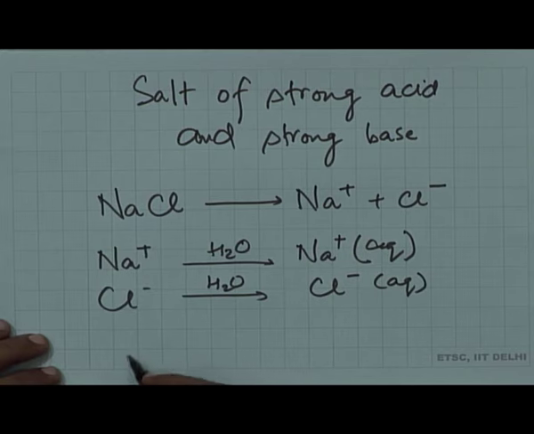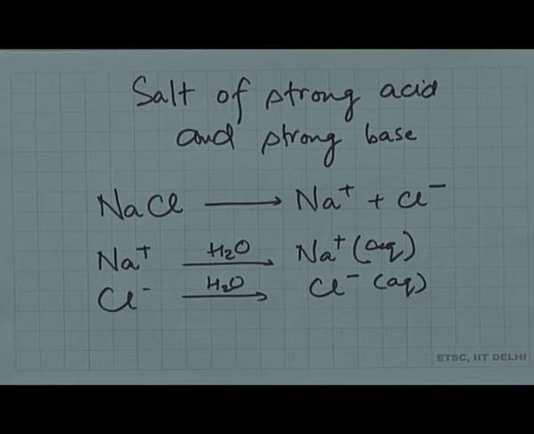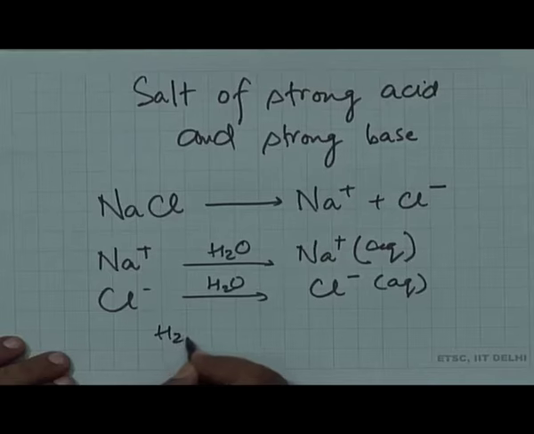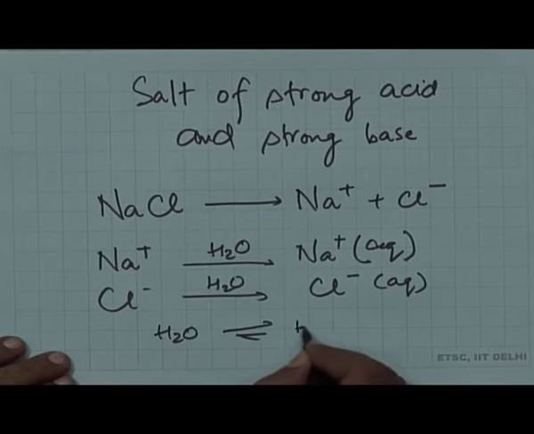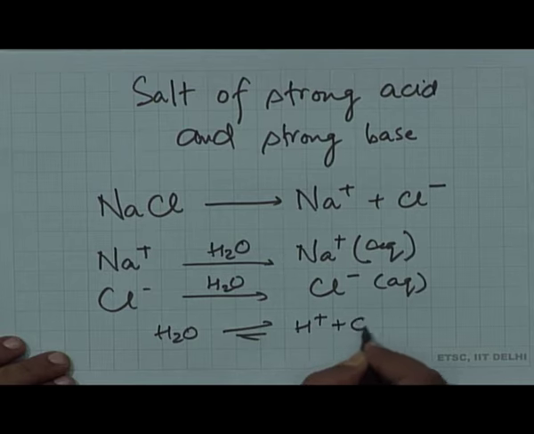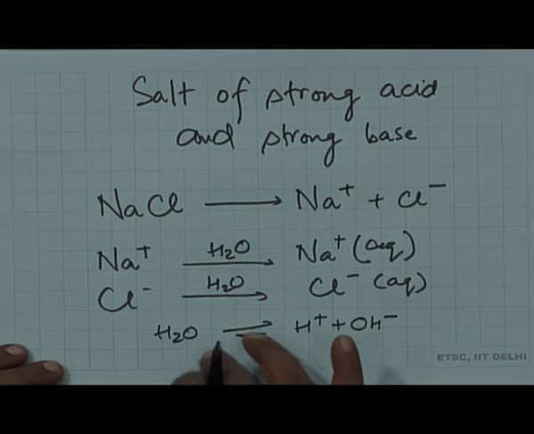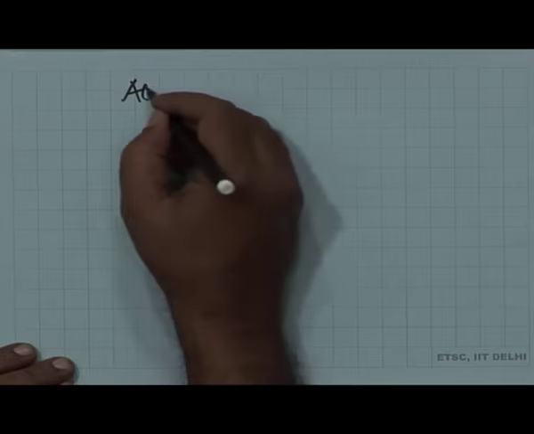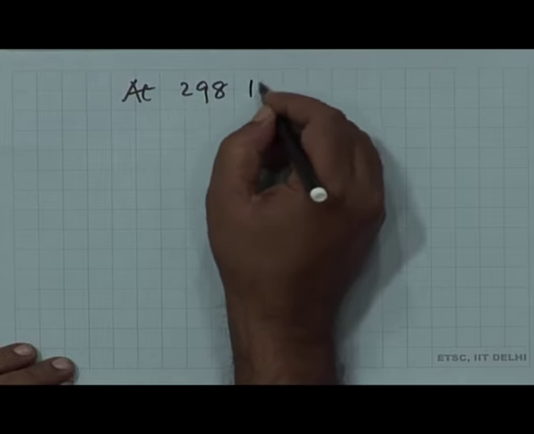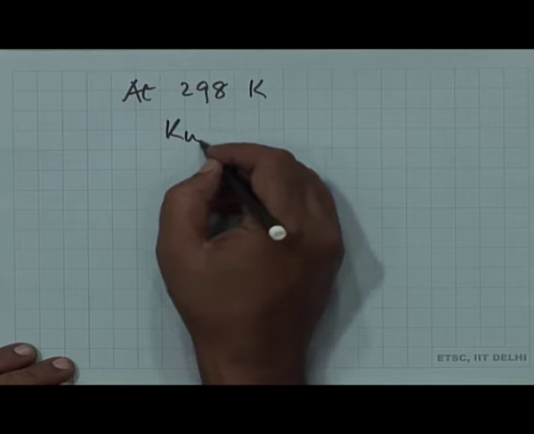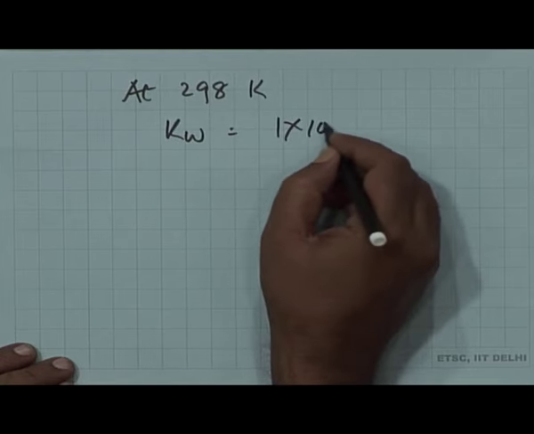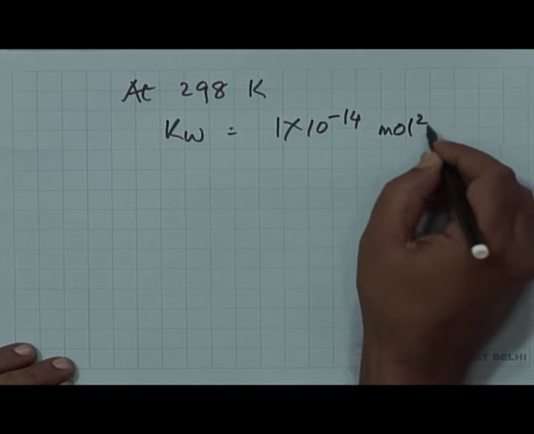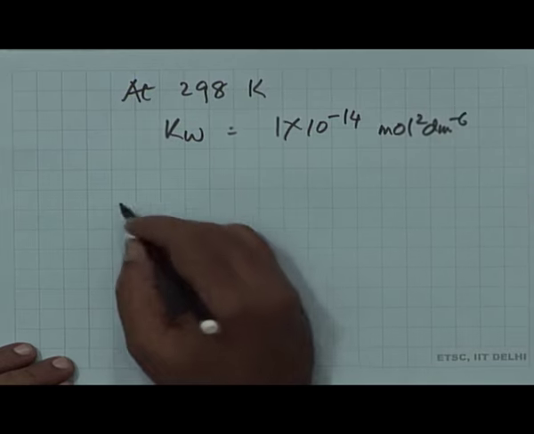So, whatever H plus ion we get in this solution will come from water. And at 298 K, we know that Kw is equal to 1 into 10 to the power minus 14 mol square dm minus 6.